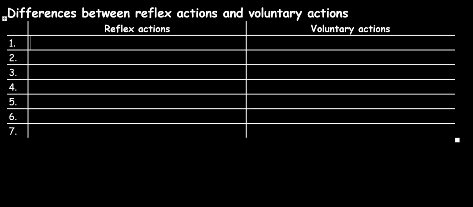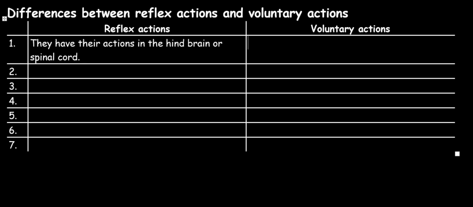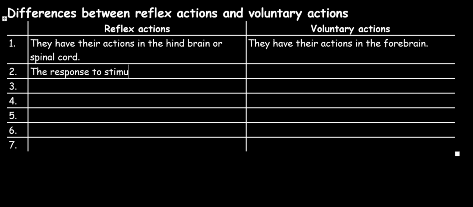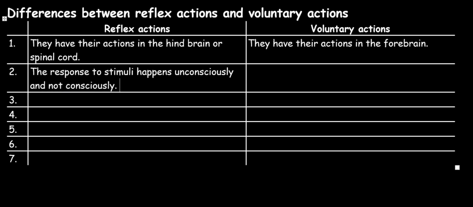Number one, reflex actions have their centre in the hindbrain or spinal cord, while voluntary actions have theirs in the forebrain. For reflex actions, the response to stimuli happens unconsciously, while for voluntary actions, the response to stimuli is usually controlled. That is, it is done consciously.